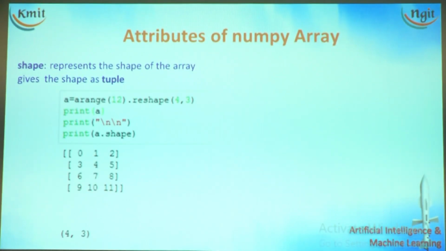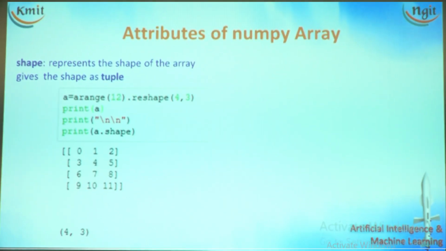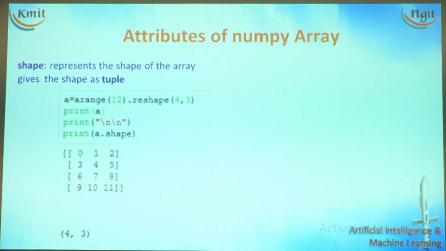Now, we'll now see about the various attributes of a Numpy array. The very first being the shape. So you all know what is the shape of an array. I already told you this, right? Represents the shape of an array, but it gives you as a tuple. So with that you have to understand that there is a fixed size for every Numpy array that you are going. Okay? Are you clear with that?